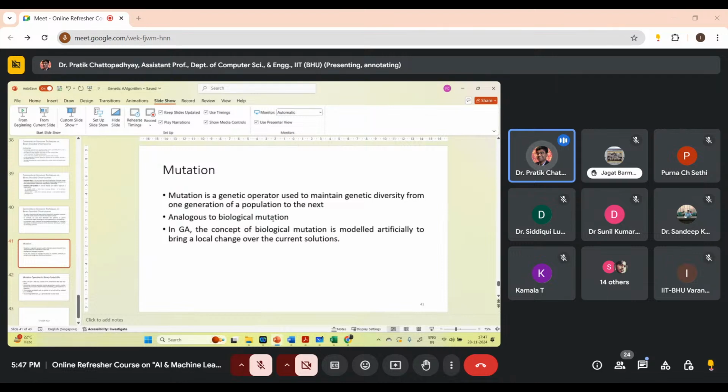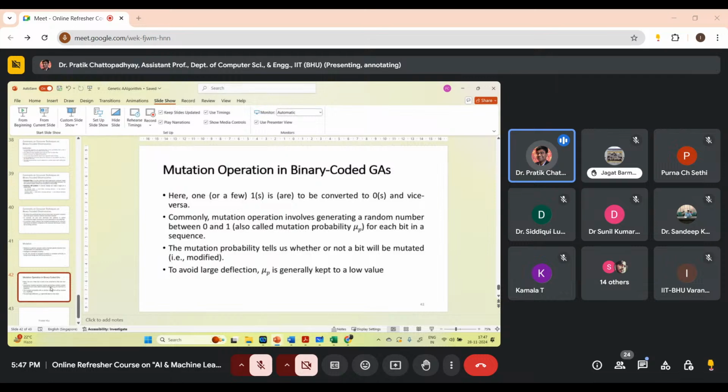So mutation basically means an abrupt change in genetic content. Mutation is a genetic operator to maintain genetic diversity from one generation to the next. In binary coded GA, we flip the bit from 0 to 1 or from 1 to 0.